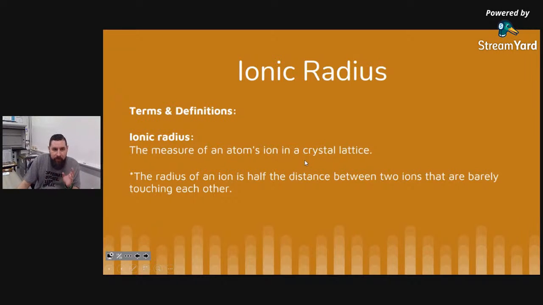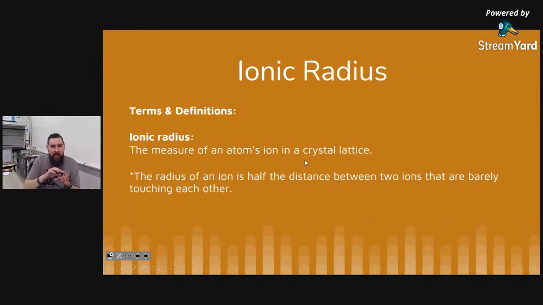So ionic radius, by definition, is the measure of an atom's ion in a crystal lattice. So just like I talked about for atomic radius, we take two atoms that are similar and we push them together. So they start to repel, and we measure from nucleus to nucleus. Ionic radius, we have to have some type of crystalline lattice structure.